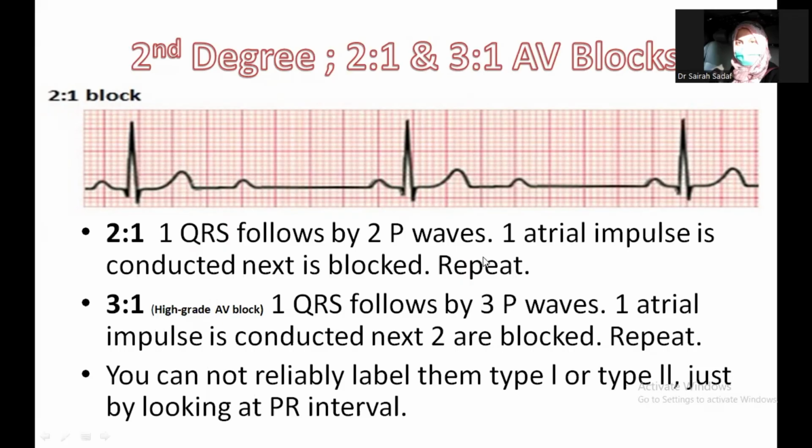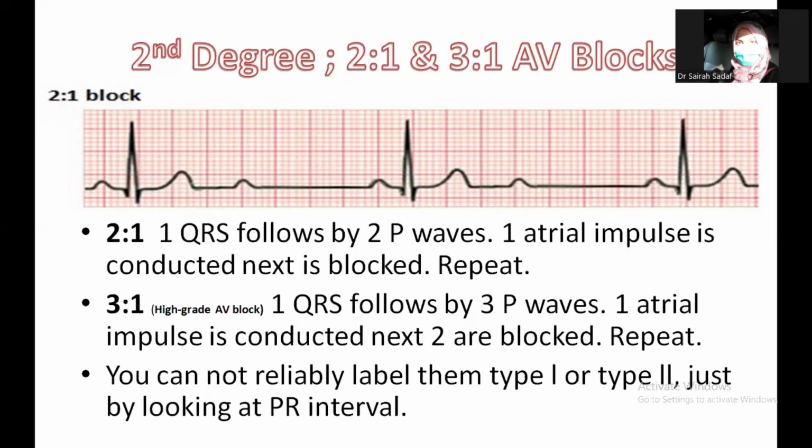Because this is a problem with the conduction of the electrical impulse that is supposed to come from the atria to the ventricles. So one impulse comes from atria to the ventricles, but the second one is blocked. Then again, the third one will go and the fourth will block, and so on. While in the case of 3-in-1, one will conduct and 2 will block, right?